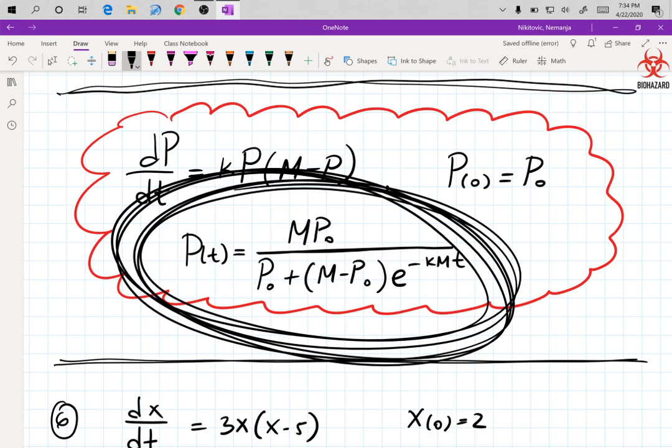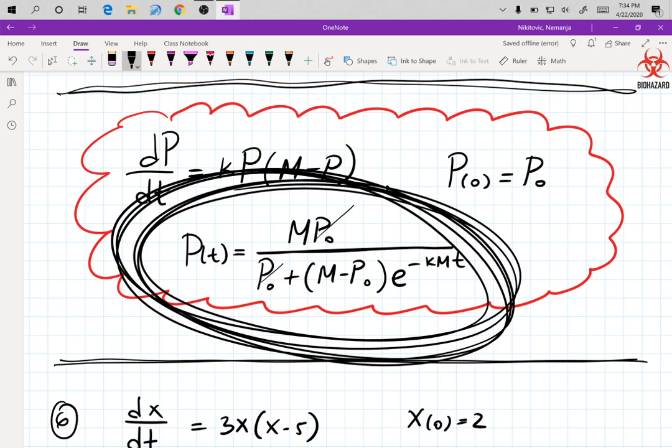Now, if you look very carefully at this equation, it has the form of the equation I just gave you, right? 1 plus, in a denominator, 1 plus a. So imagine you're dividing all of this by p0. P0 would cancel on top. You would get a 1 on the bottom.